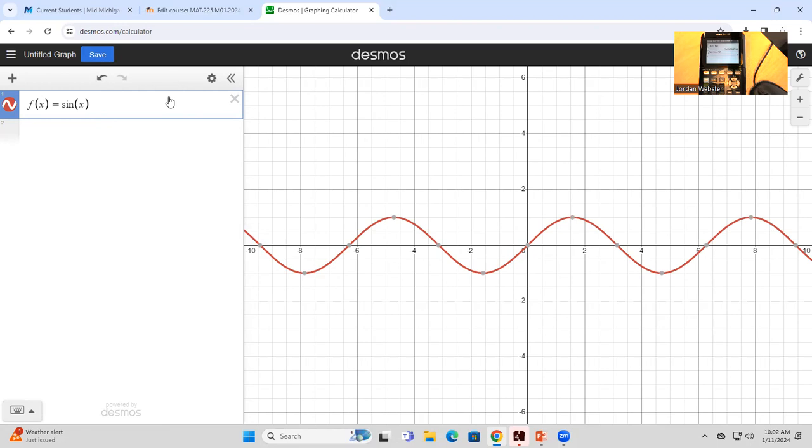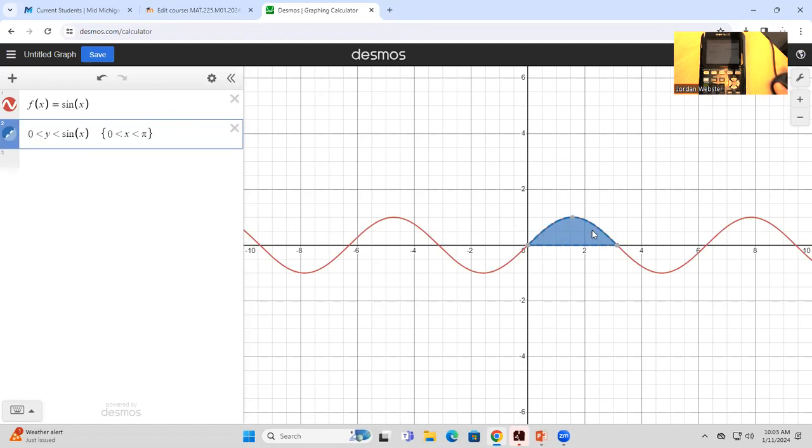If we looked at the signed area between 0 and pi, it's that area there in blue.